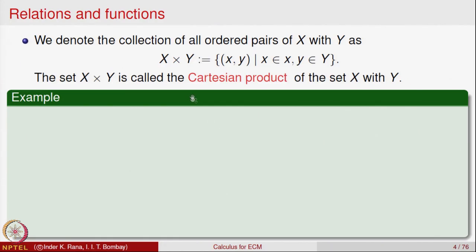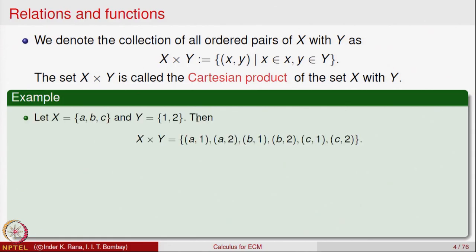So, let us look at some examples of these things. Let us say X is the set of English alphabets A, B and C, and Y is the set of numbers 1 and 2. Then what are the ordered pairs possible? We take one element A of X and we can pair it with either 1 or 2. When we pair it with 1, we get an ordered pair A comma 1.